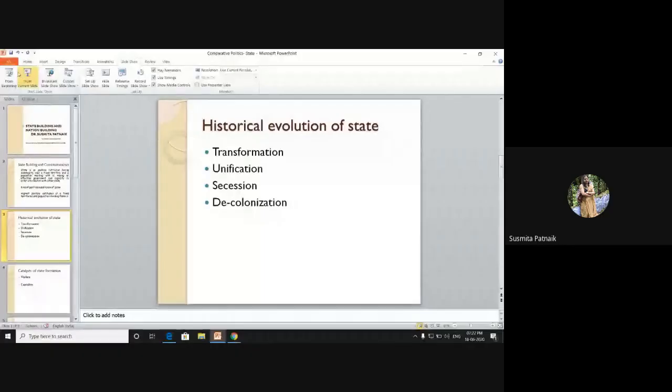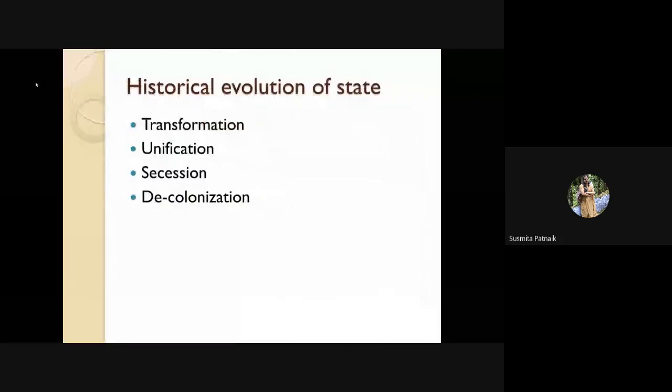Take for example USSR, which broke up. India was split into three countries: Pakistan, Bangladesh, and India. Formerly India was united with Bangladesh and Pakistan, but by the policy of cession, India was divided into three countries. This is the process called cession. Cession is nothing but the breakup of one nation into different nations.